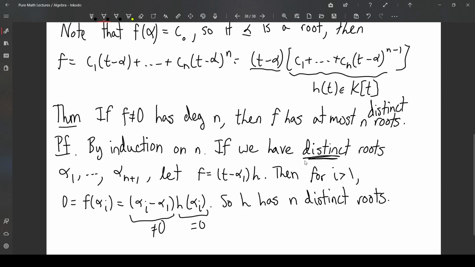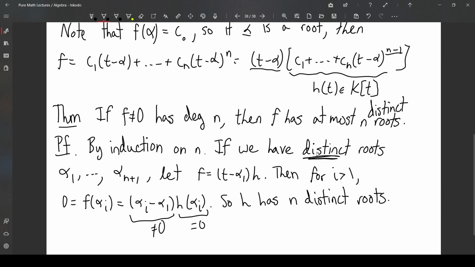And so that shows by induction that essentially, we started with a polynomial of degree n with n plus 1 distinct roots, or really more than n distinct roots, and then we got from that a polynomial of degree n minus 1 with more than n minus 1 distinct roots.